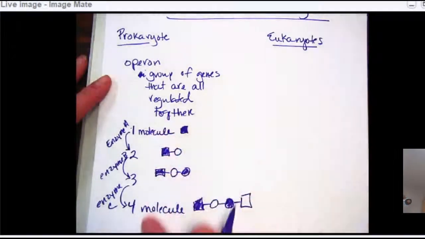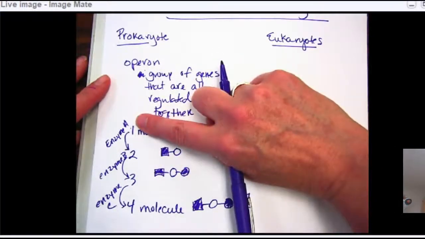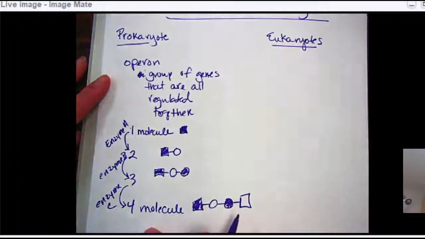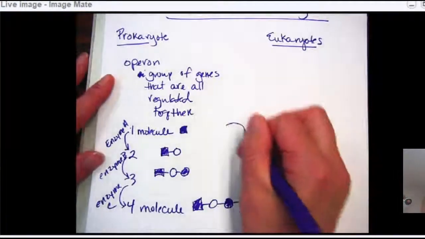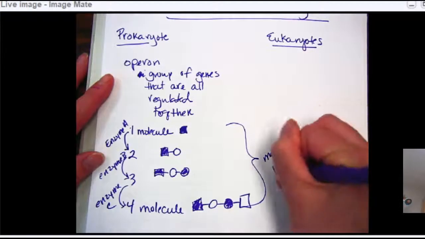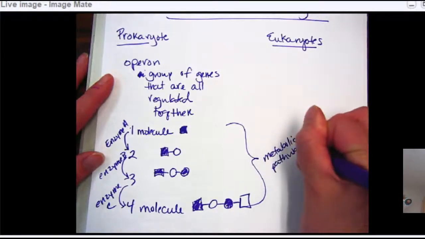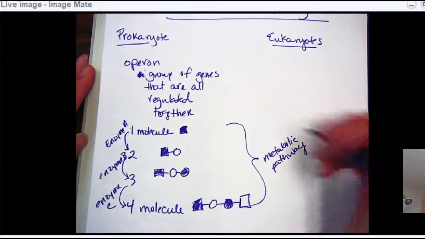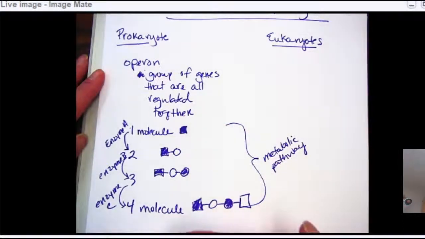So this whole process, where we have a beginning precursor molecule and our final product at the end, is a metabolic pathway. A metabolic pathway is just a series of reactions that all line up together, and they're all catalyzed by different enzymes.